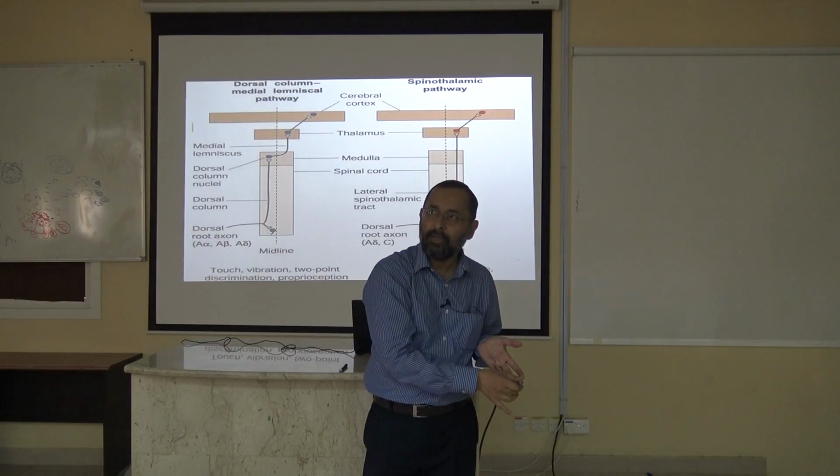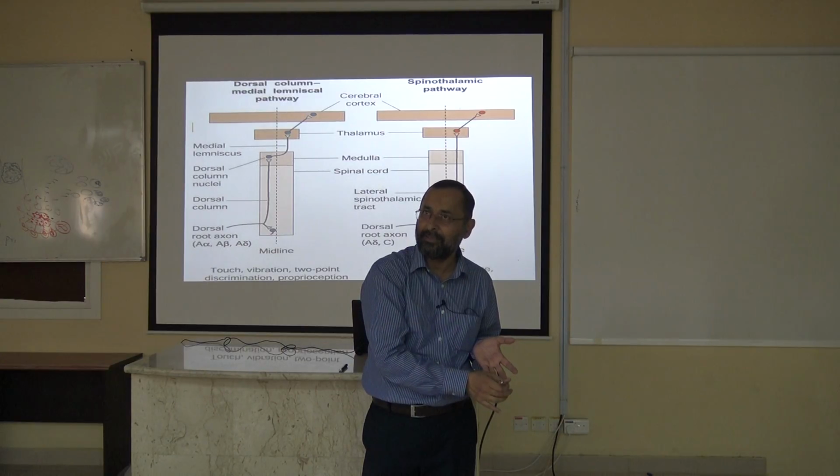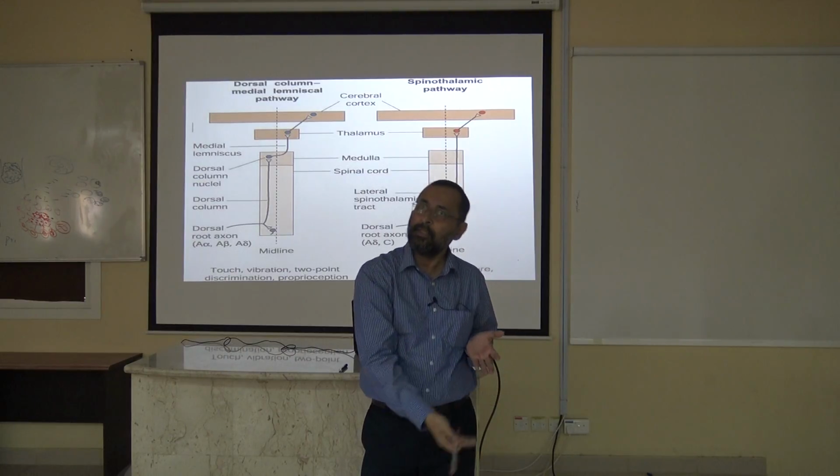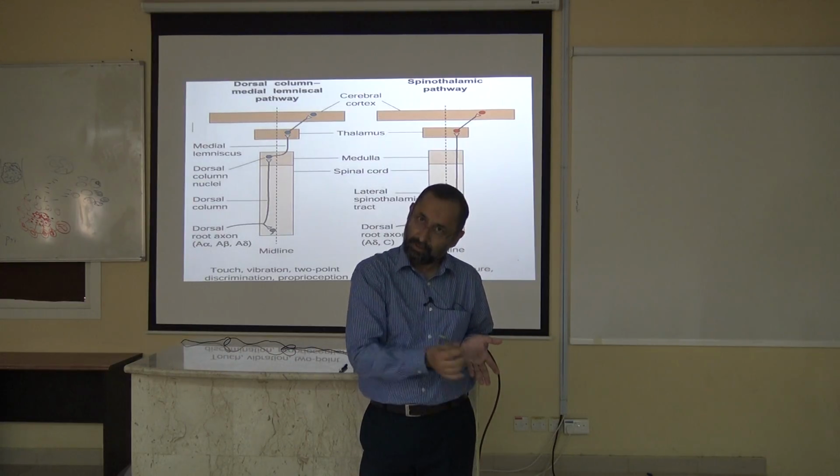And you say, what is that? I'll say, you're touching me. Where am I touching? Well, you're touching on my finger. Which finger? This finger, middle finger. Which part of the finger? Well, the last part of the finger. This side or the front side? You say, no, this side.